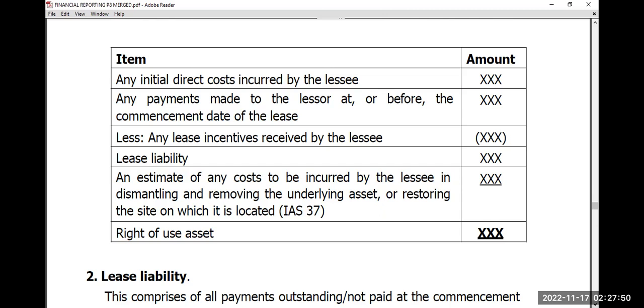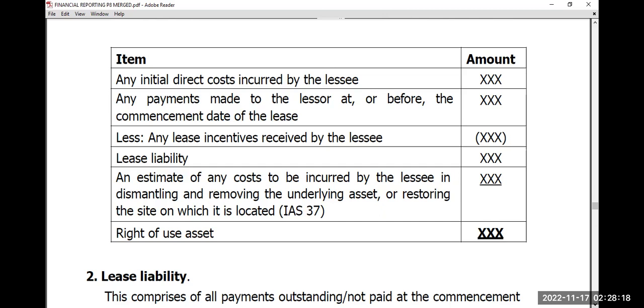It means that money is going to be deducted from the cost that you are going to be incurring when you're actually signing the contract. So if you have paid a certain amount of money before, and that money is going to be refunded to you at the time of signing the contract, then it's supposed to be subtracted.